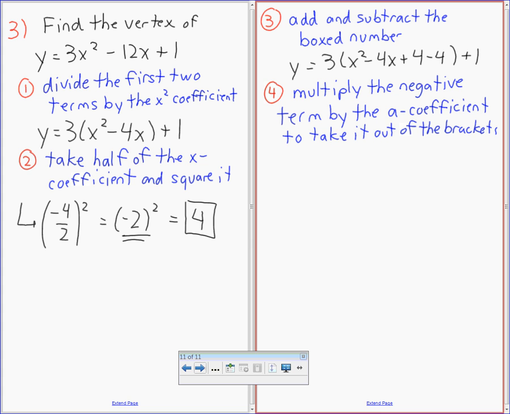So I'm going to call that y equals 3 bracket x squared minus 4x plus 4 minus 12 plus 1.